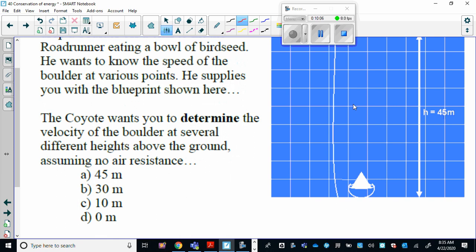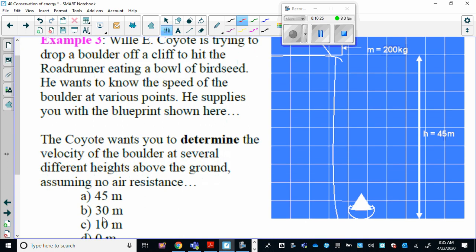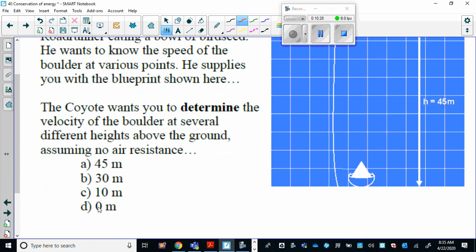And then at various points during its fall, and then at the bottom. So the mass of this boulder is 200 kilograms, and it's going to fall a distance of 45 meters. We want to calculate the velocity at 45 meters, at 30 meters, at 10 meters, and at 0 meters.